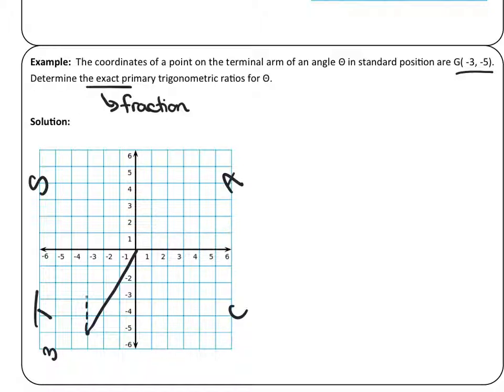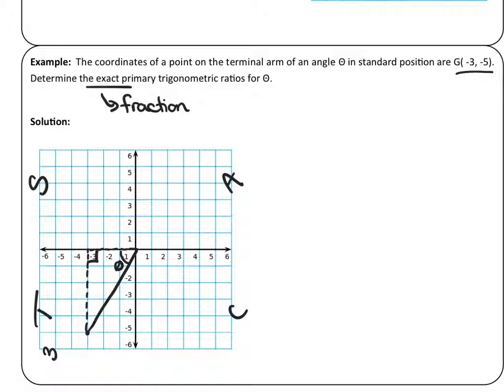Now, this one, what's nice about this is I don't know what the angle is, but I'm just going to mark it on there. That is angle theta. That's our reference angle. It's the one that is closest to the x axis. But if we think about it, it's an angle that is between 180 and 270.